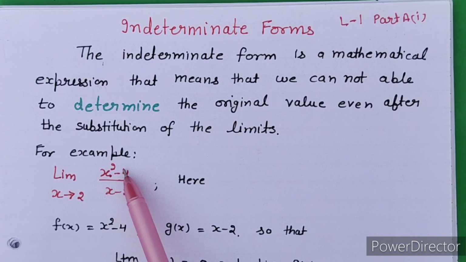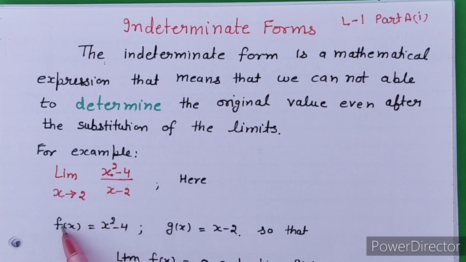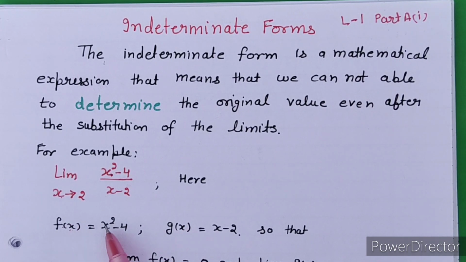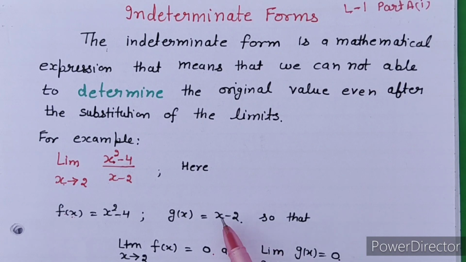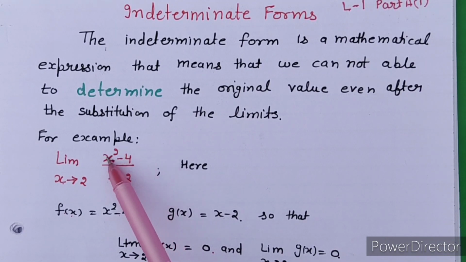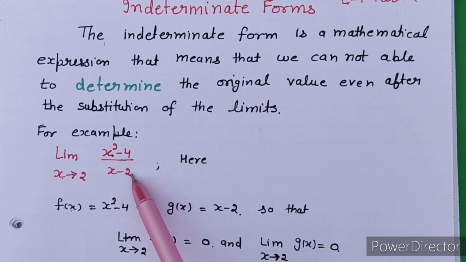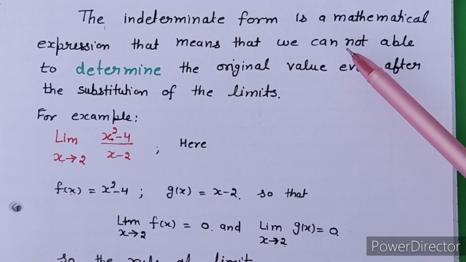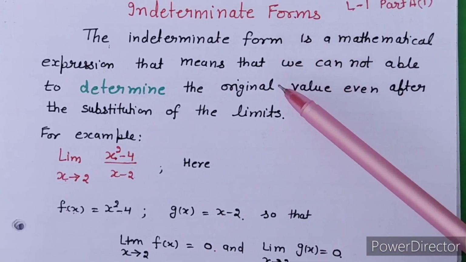If I say this is your f of x and this is your g of x, if I put the limit in both the functions, limit x tend to 2, f of x will be equal to 0, and similarly limit x tend to 2, g of x, if you put 2 minus 2 here, this will give you 0. So when you put the limit in the numerator part and the denominator part of your rational function, and if it is 0 by 0, then this form is known as indeterminate form. Okay, so this is your definition.